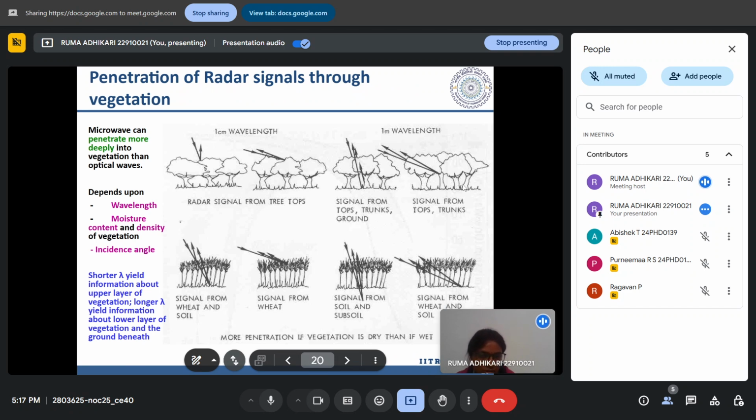Similarly, I also discussed this in the first week: how different wavelengths, moisture content, density of vegetation and incidence angle differ for different wavelength sensors. These images are very useful.